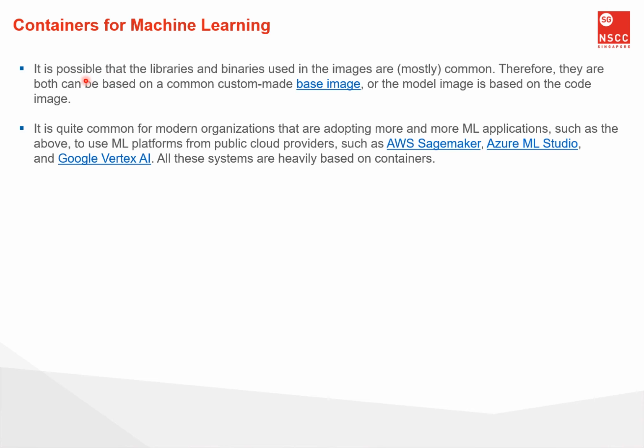Now, the second point is that once you have the commonly used libraries and binaries within the image, we can use this to build additional custom images, because the basic components are already configured and made available in the base image.